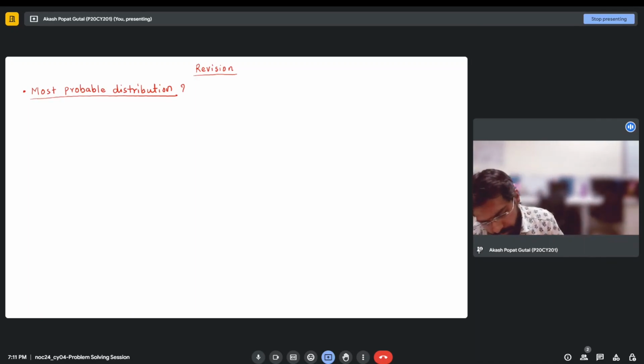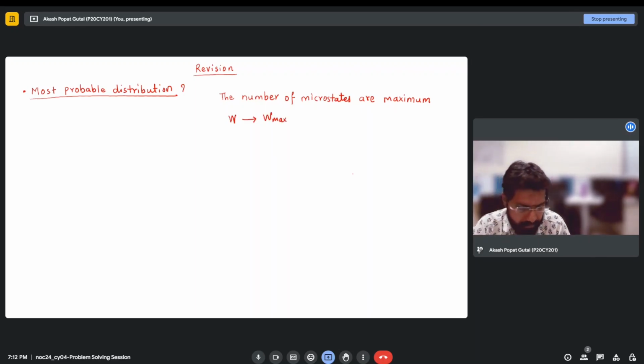The distribution for which the number of microstates are maximum. So W tends to W max. That distribution is what we refer to as the most probable distribution of a given system.